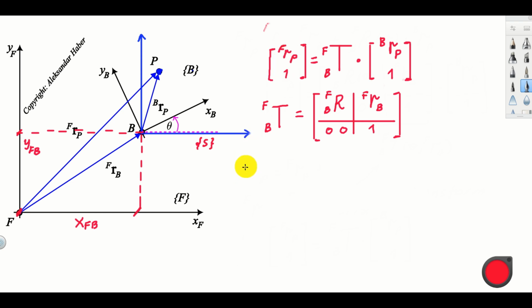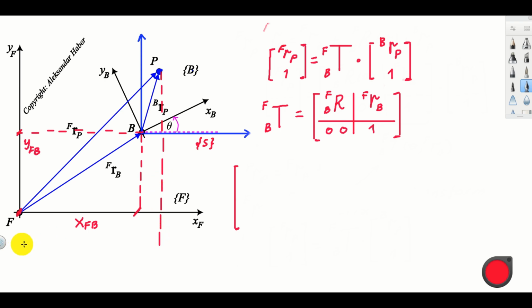Let's expand this vector over here. We will have the projections of the vector RP in the frame F given over here. Let's sketch them here.